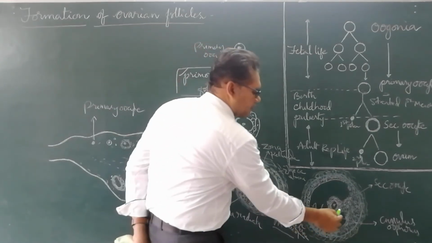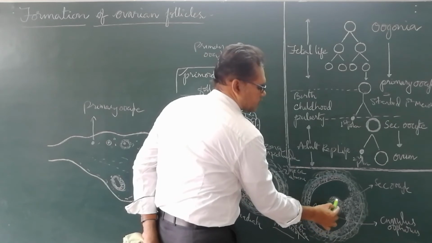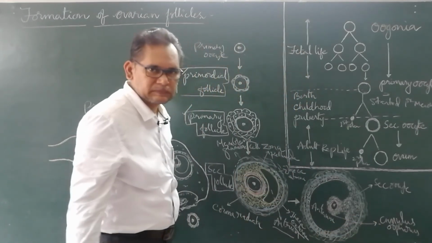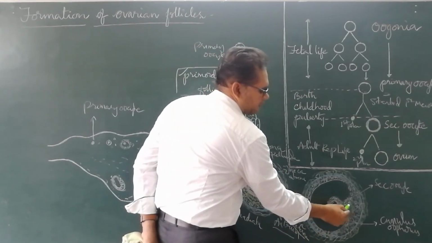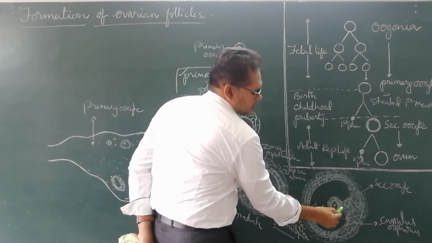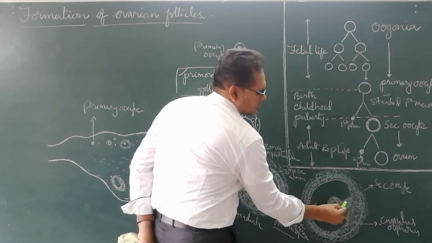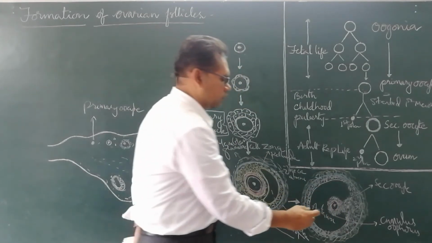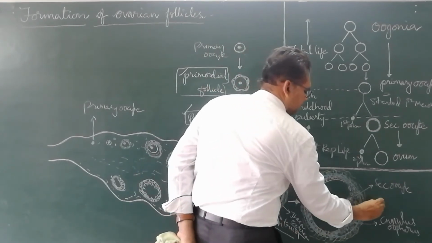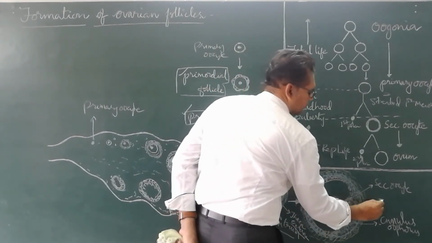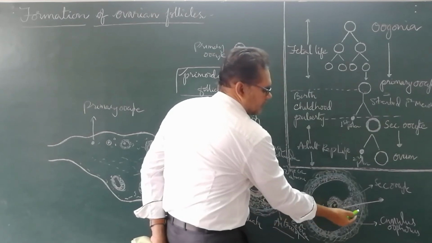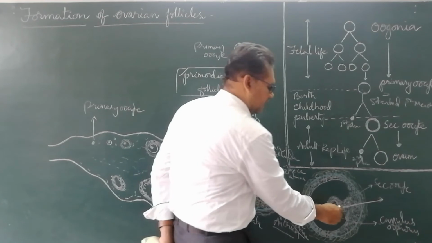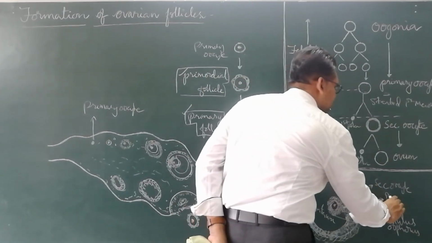And the membrana granulosa cells which are surrounding this one are called cumulus oophorus. The part of the follicle with which this oocyte is attached is called germ hill or discus proliferus. This is the part where the granulosa cells are still attached to the secondary oocyte.